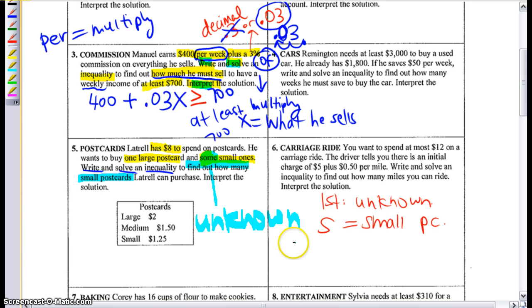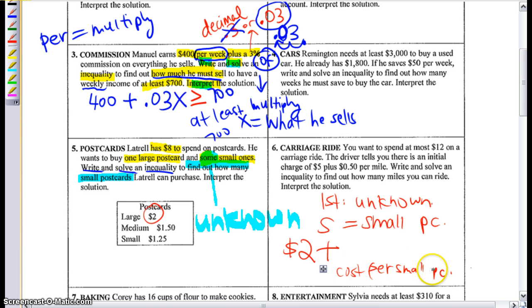So I want to buy one large, so the large one is $2, so I want to spend $2 plus a couple of small ones. Because I'm buying small ones, the cost is per small postcard.